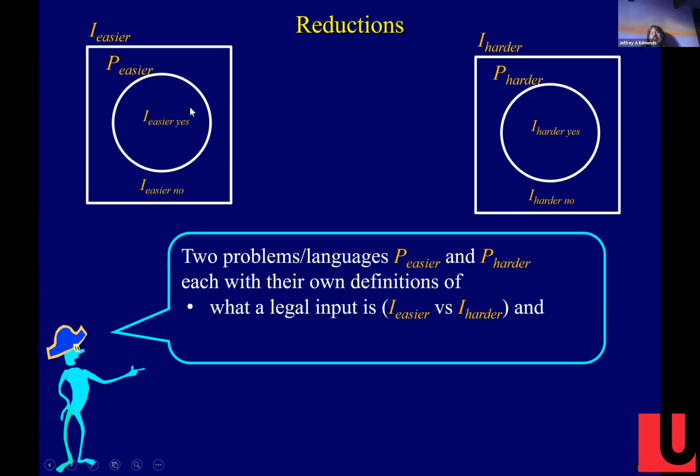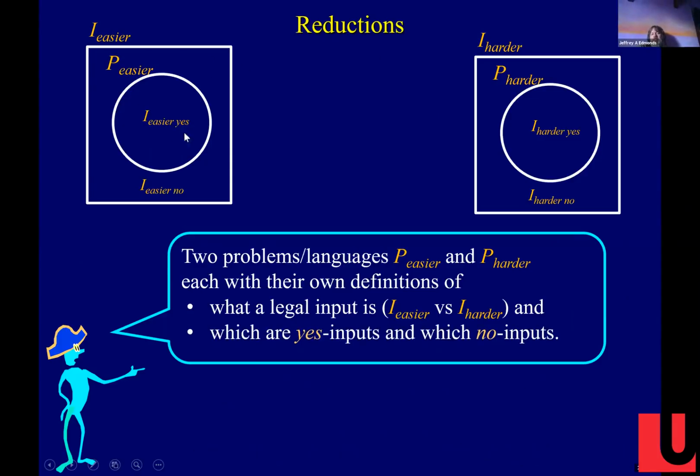In this case, both problems were given a description of a Turing machine. But it could be that one of them is given an elephant, and we want to know, is the elephant pink? So they could be different types of inputs. This is the input to the easier problem, and this is the input to the harder problem.